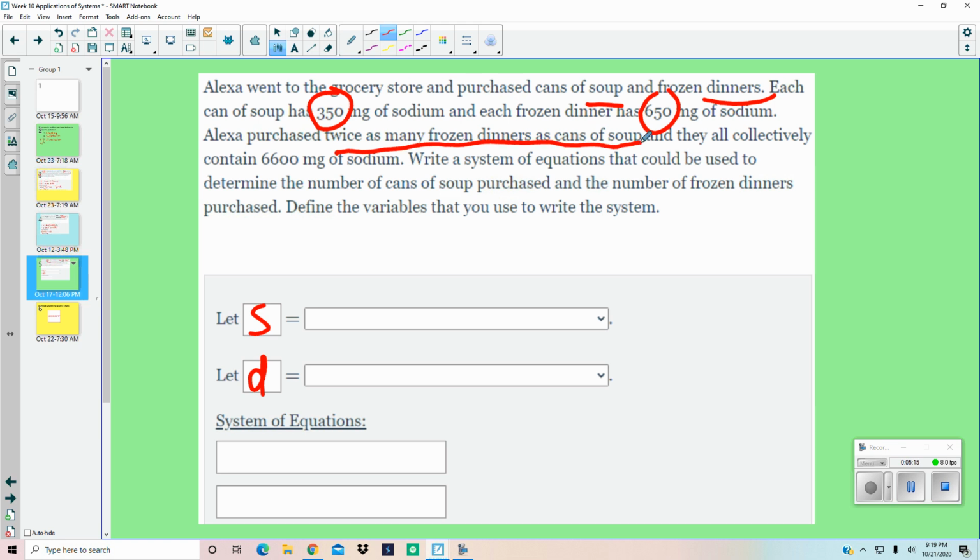They all collectively, meaning a total, contain 6,600 milligrams of sodium. Okay, so S represents the number of cans of soup. D represents the number of frozen dinners.